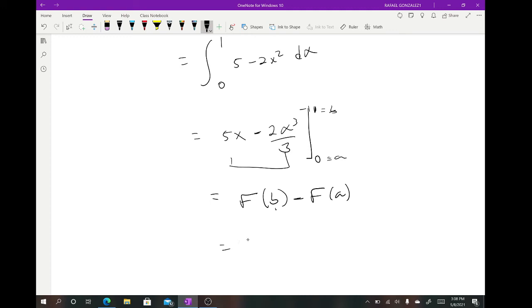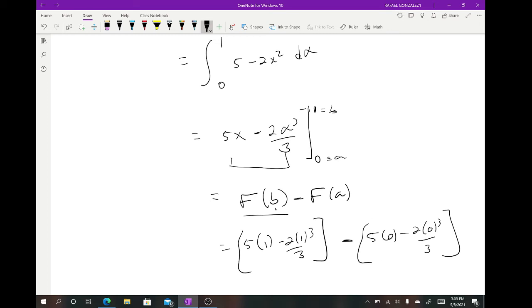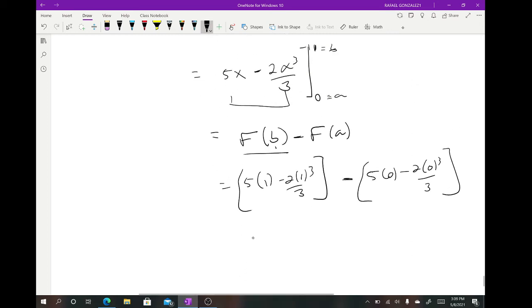So what we have is 5 times 1 minus 2 times 1 cubed over 3. That's the f of b piece, minus f of a, which is 5 times 0 minus 2 times 0 cubed over 3. Well, this right part is just 0.